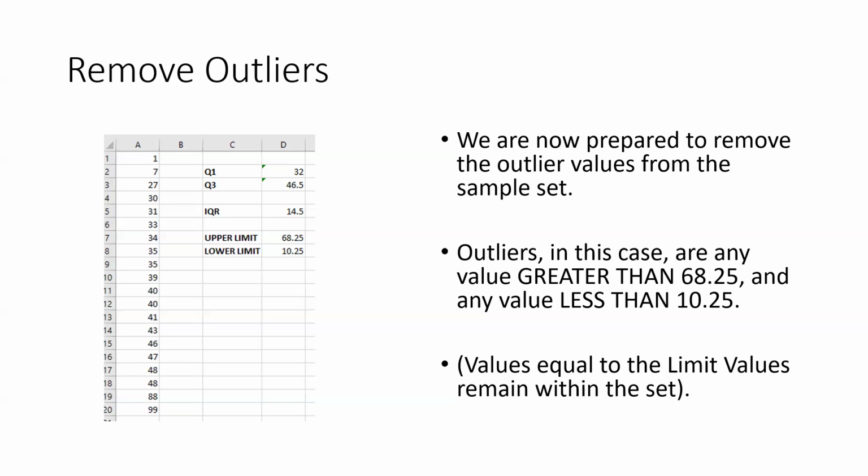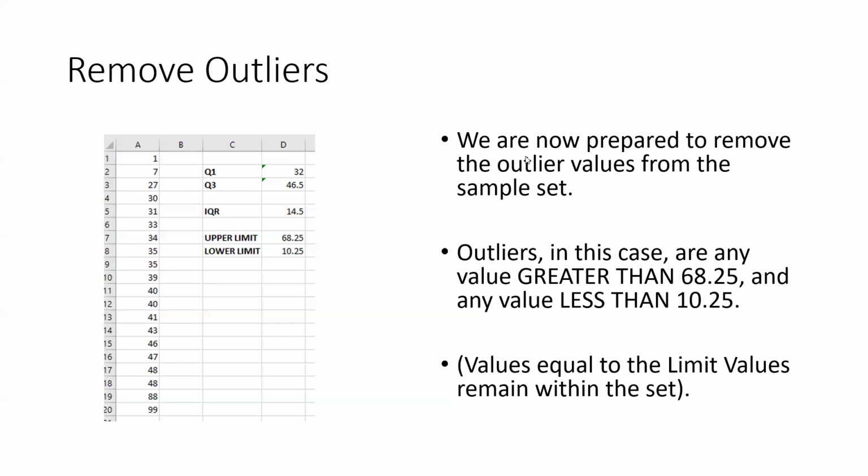So we go ahead and remove those individuals. But we let our readers know that we performed these calculations and we removed N amount of outliers from our data. And we also should report the upper and lower limits as well.